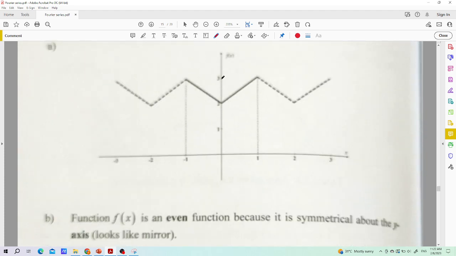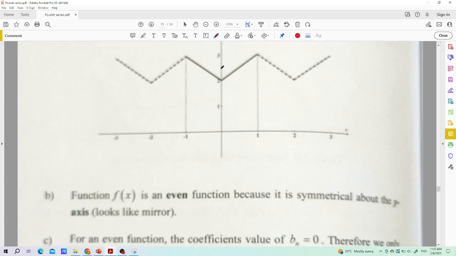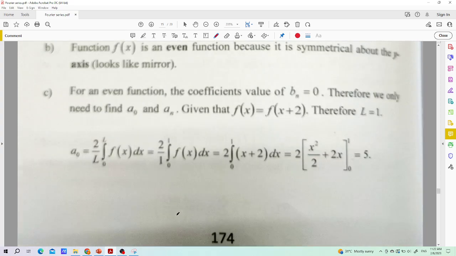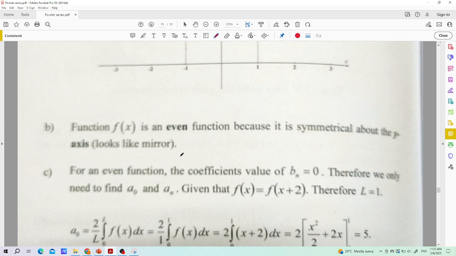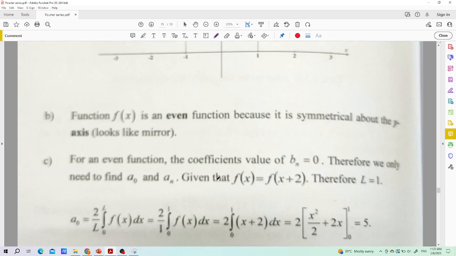You find that it's symmetrical about the y-axis or symmetrical about the origin. If it is symmetrical about the y-axis, then it is even. That's why you call it an even function. So you need this argument for your statement that it is even or odd.